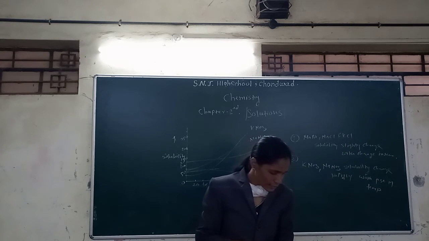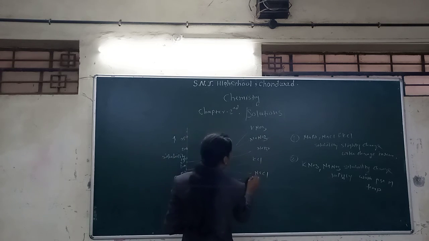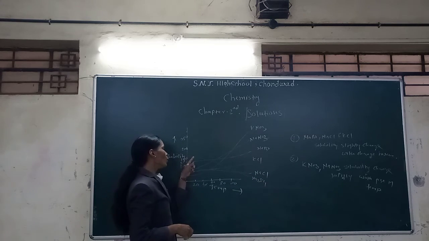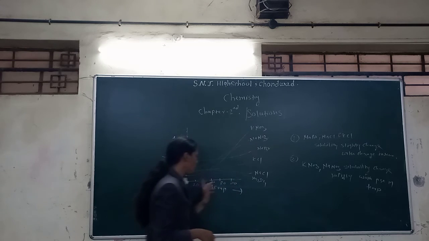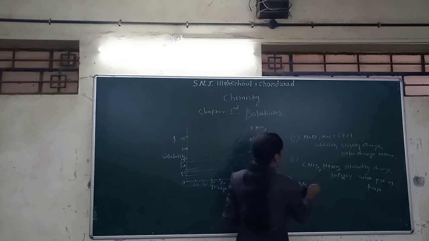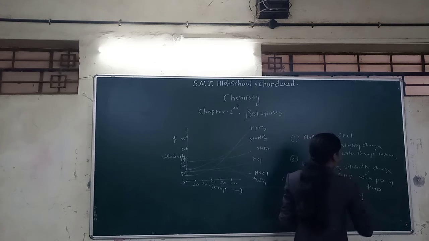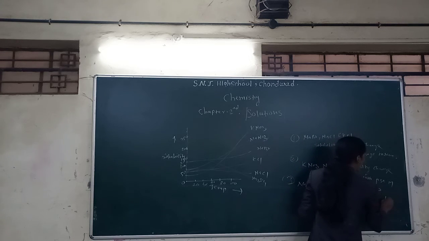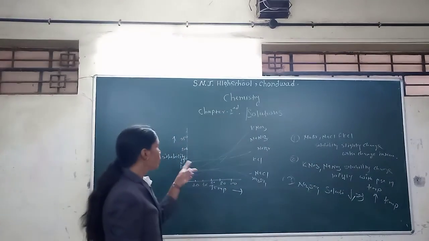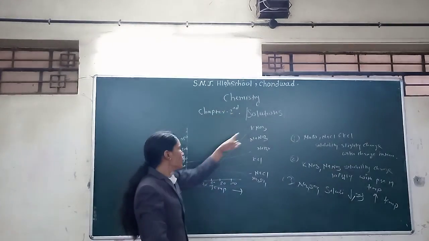Then the last is Na2SO4. In the third case, for Na2SO4, solubility decreases with increase in temperature. That is, solubility with respect to temperature depends on the nature of the solution.